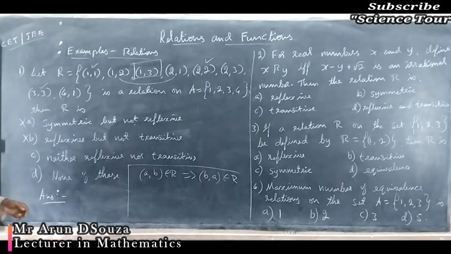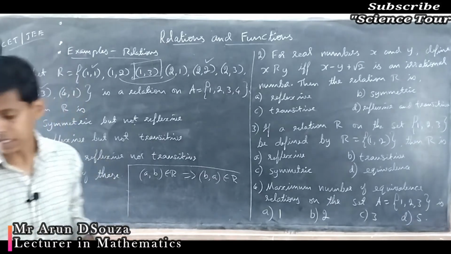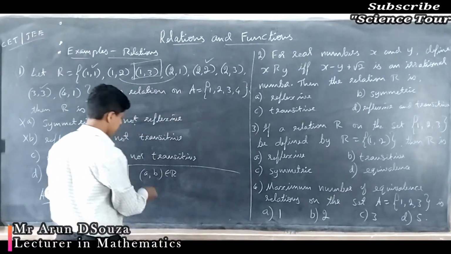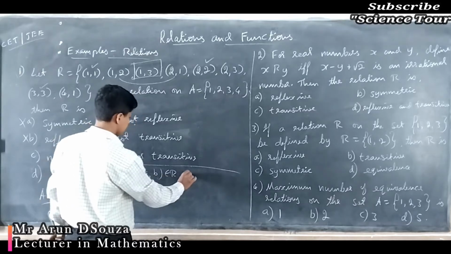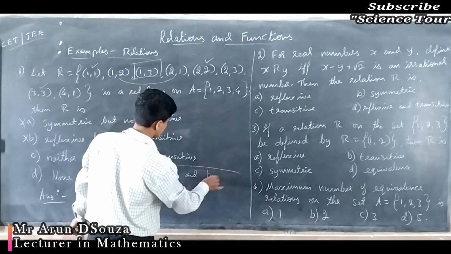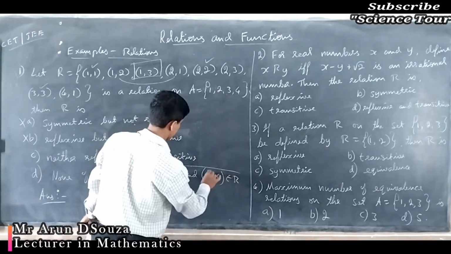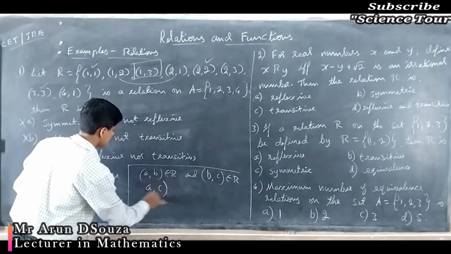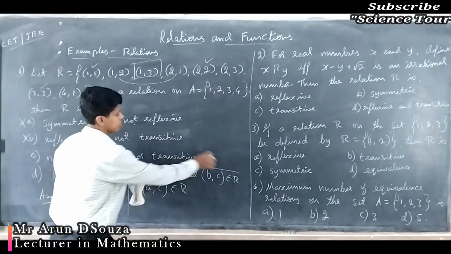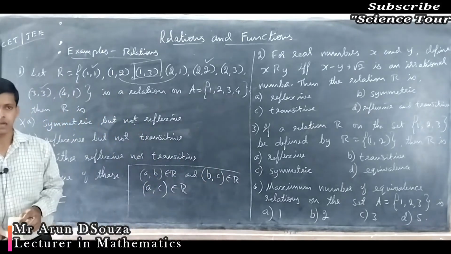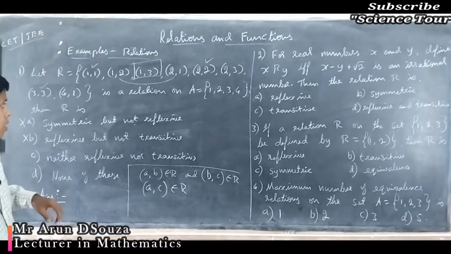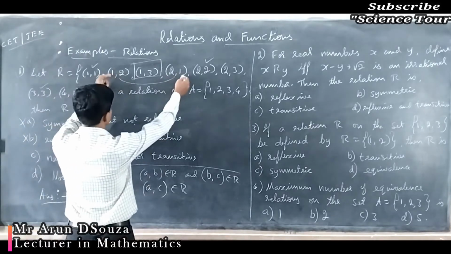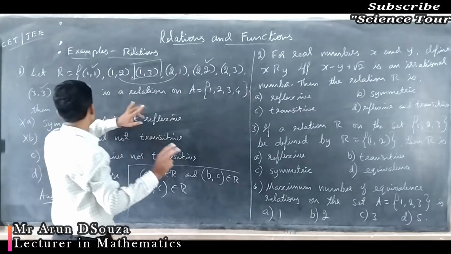Then let's check for transitive. For transitive you must have, if (a, b) belongs to R and (b, c) belongs to R, then (a, c) also should be in R. The first and the last element make an ordered pair. Now you got (1,2), you got (2,1), then you got (1,1), fine, it is there.